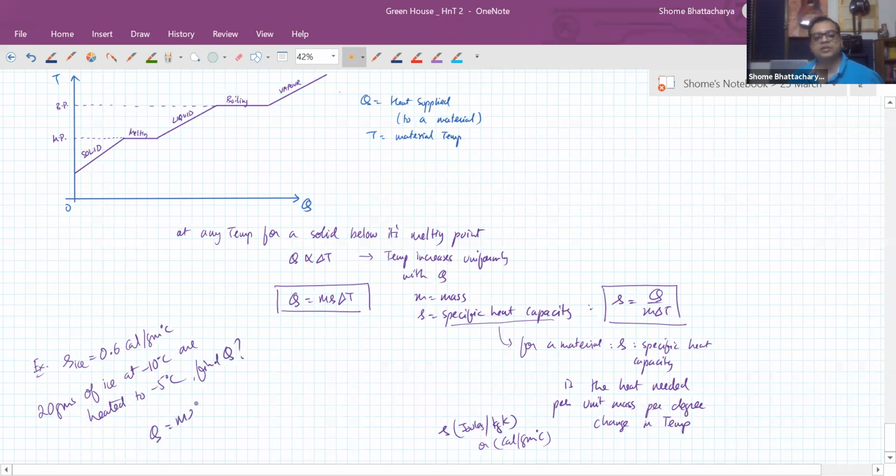So Q is just m s delta T: 20 grams into 0.6 calories per gram degree C into a temperature change of 5, because you're going from minus 10 to minus 5. So it will be 60 calories. So 60 calories of heat will have to be supplied to increase the temperature of that many grams of ice from the initial to the final temperature. So this is the definition of specific heat capacity.